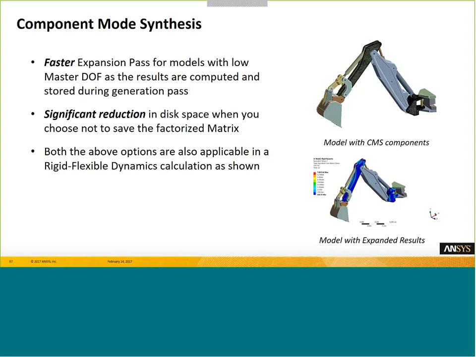This is called an expansion pass. So we've speeded that up quite a lot, and also reduced the hit on disk space when you choose not to save the factorized matrix. So these are both applicable within the flexible rigid dynamics calculation as shown. So we can see that most of the model there is rigid with no contours on it, and just two of the parts have flexibility, and we're looking at the stress results, which have been expanded from the CMS components.